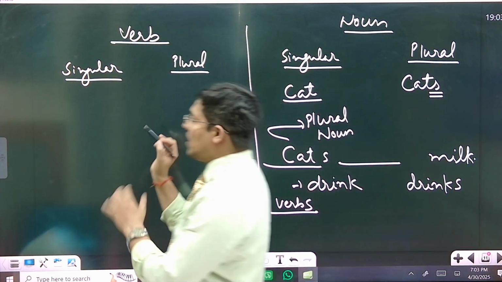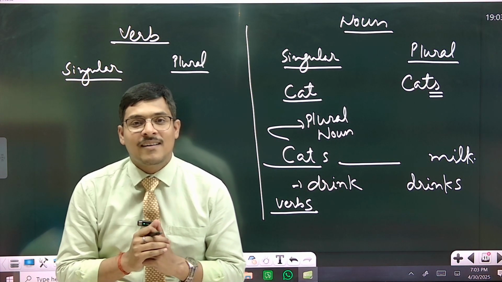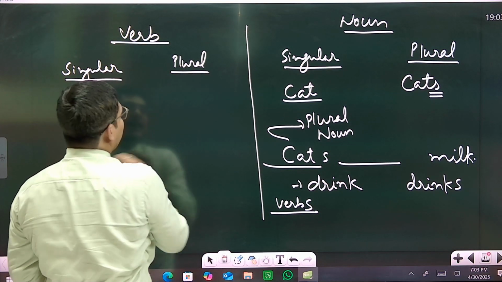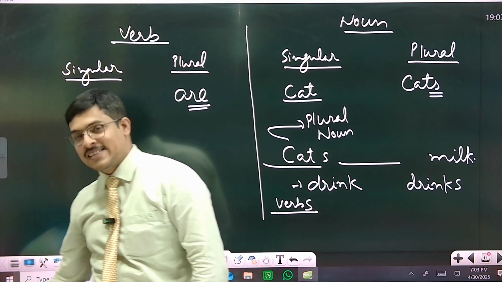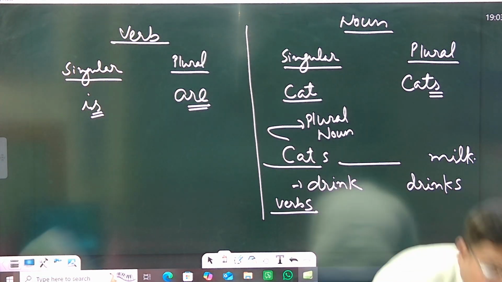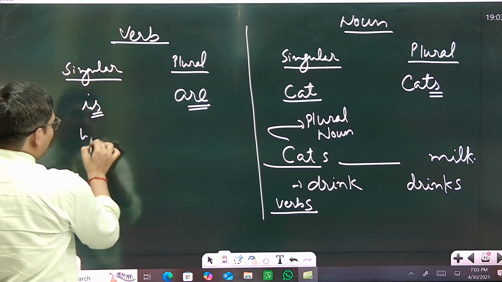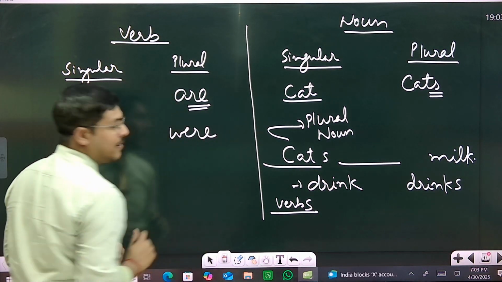However, when we talk about singular verb, is or are, which one is singular? Is. Is this singular? Ending on s. Are is plural, no s. Making sense? At the same time, when we talk about was or were, which one is singular? Was. Were is plural.